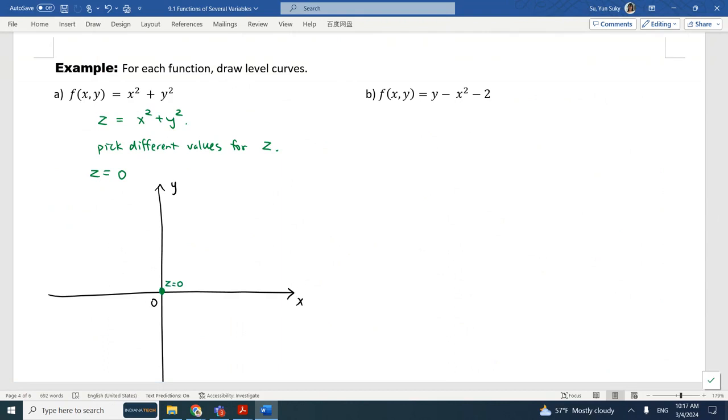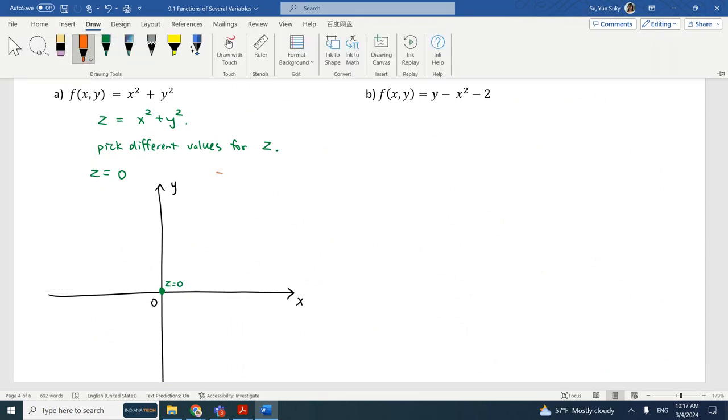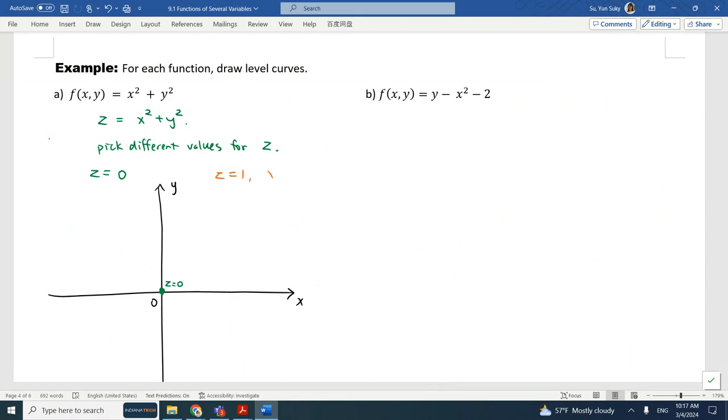Okay, and now how about when z is 1? When z is 1, we get x squared plus y squared equals 1. What's this? It's a unit circle.